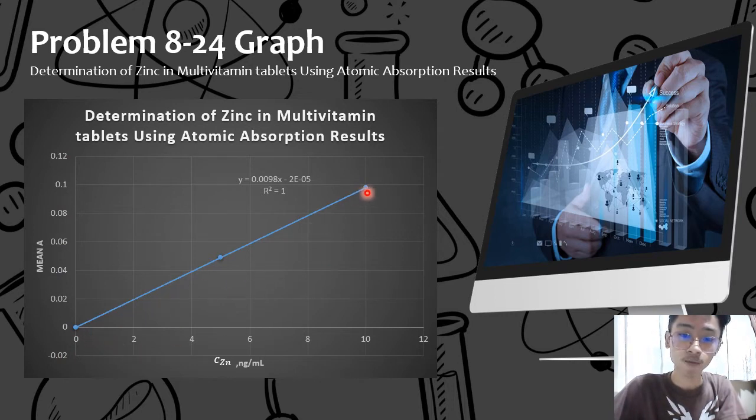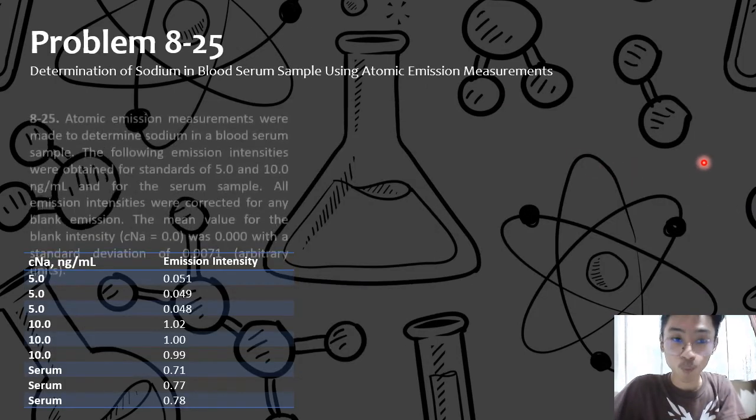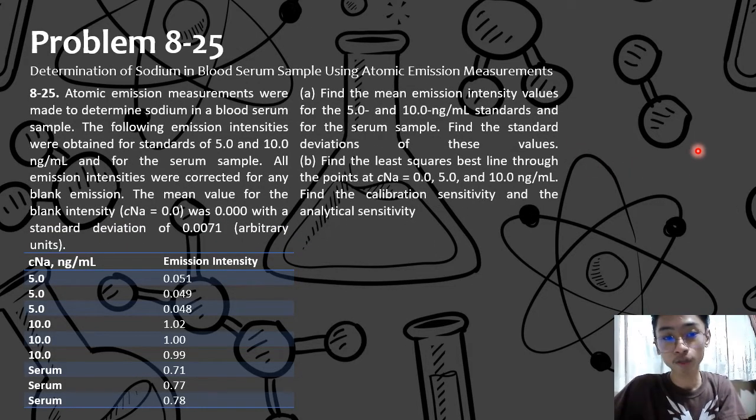So we can see here, the data of the first problem is almost exactly at the line, and the r squared value is exactly 1. The next problem is the determination of sodium in blood serum sample using atomic emission measurements.